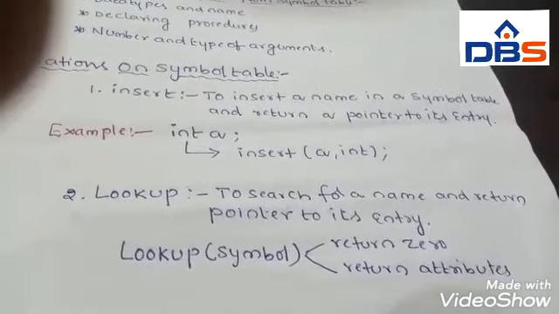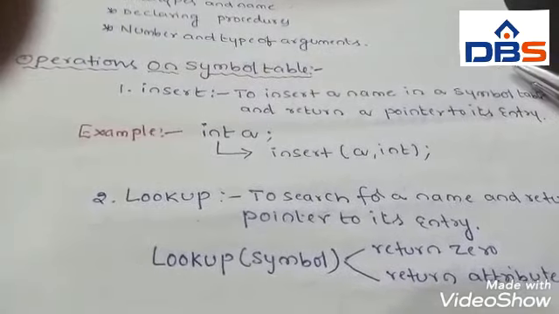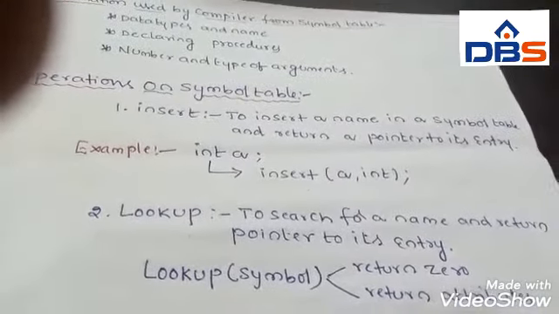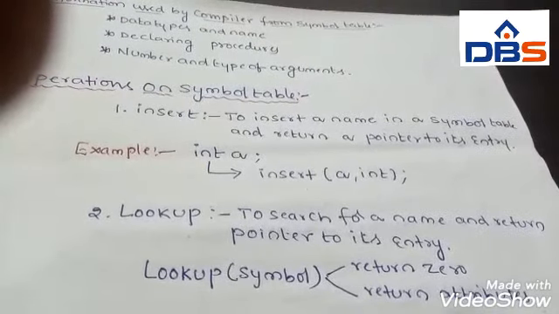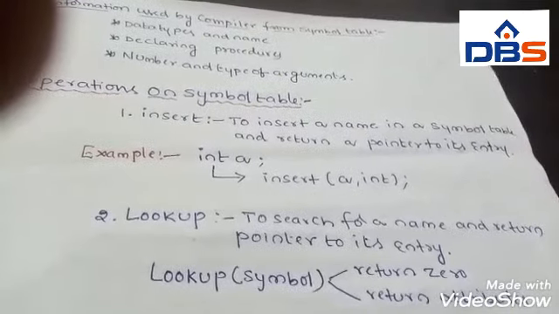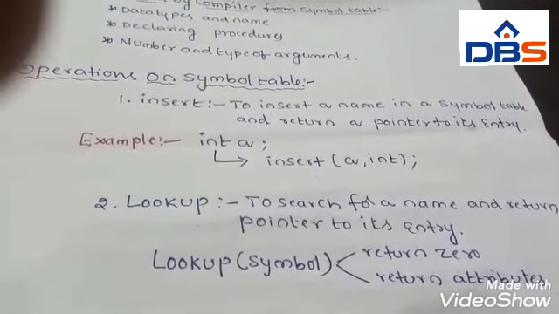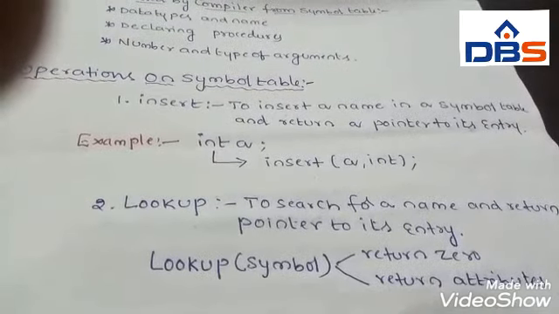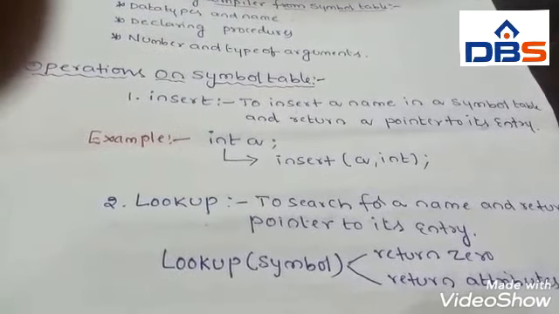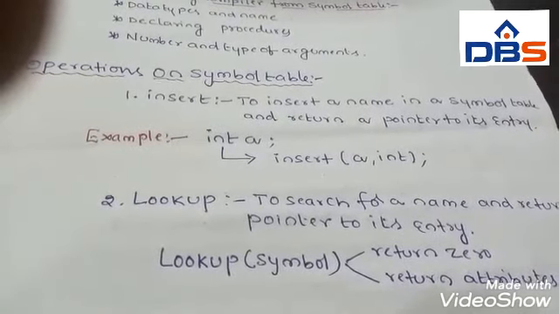This operation is more frequently used by the analysis phase, that is the first half of the compiler where tokens are identified and names are stored in the table. This operation is used to add information in the symbol table about unique names occurring in the source code. The format or structure in which the names are stored depends upon the compiler in hand.